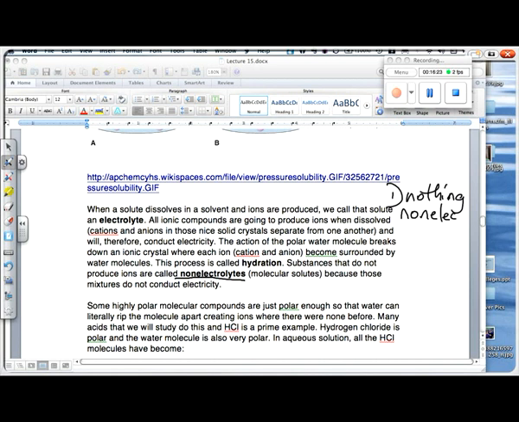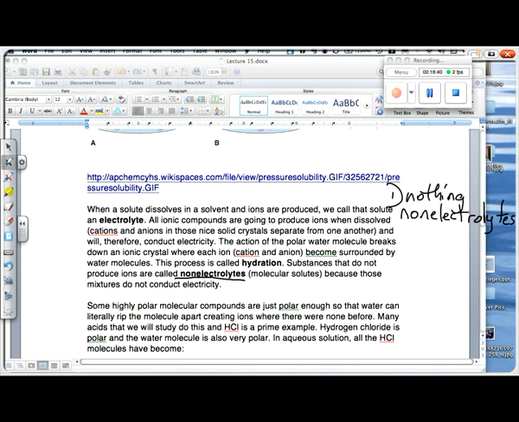Now the term electrolyte, you've heard it in terms of like Gatorade and things like that. Well, they contain electrolytes. So what does this word electrolyte indicate to you? It says to me electricity, charges.